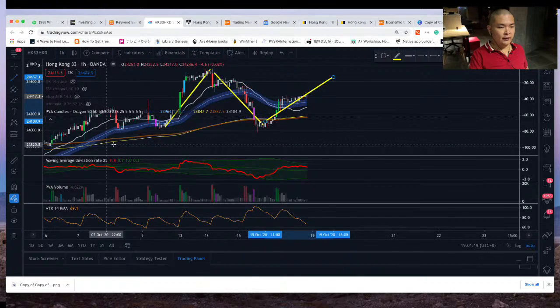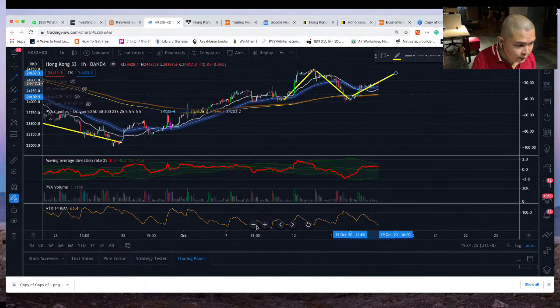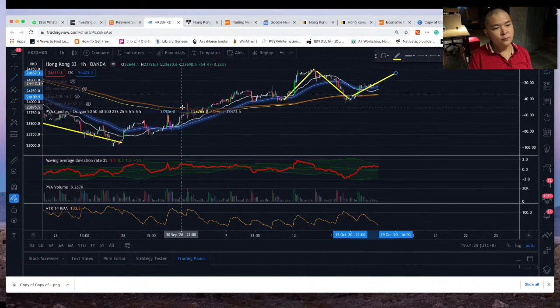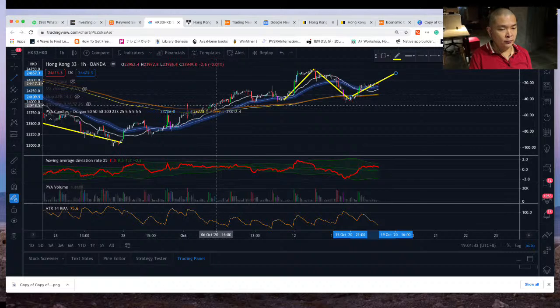So this trend has been bullish for a long time, guys, right? Once this resistance of the 233 and 200 EMA lines got broken, so it got broken here, right, guys? Here was just like a stop hunt, and finally it got broken around this area.